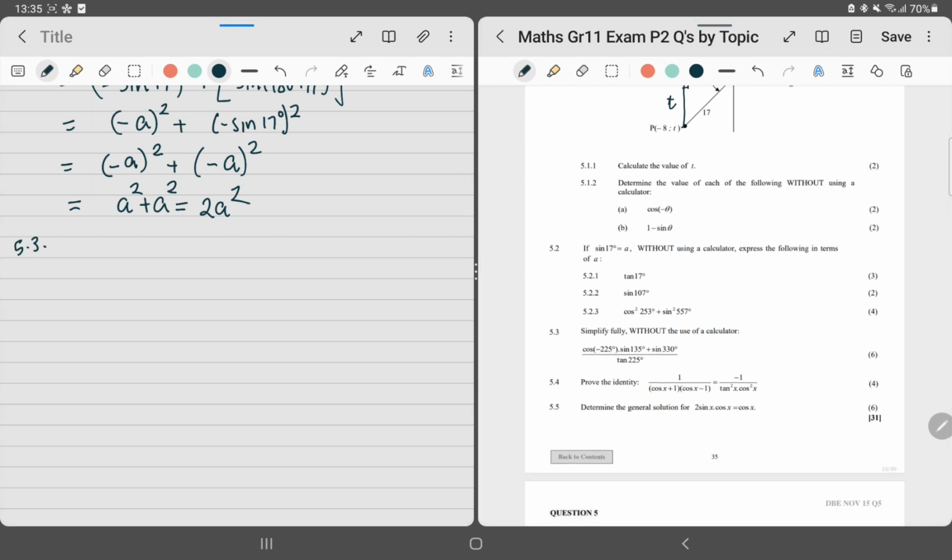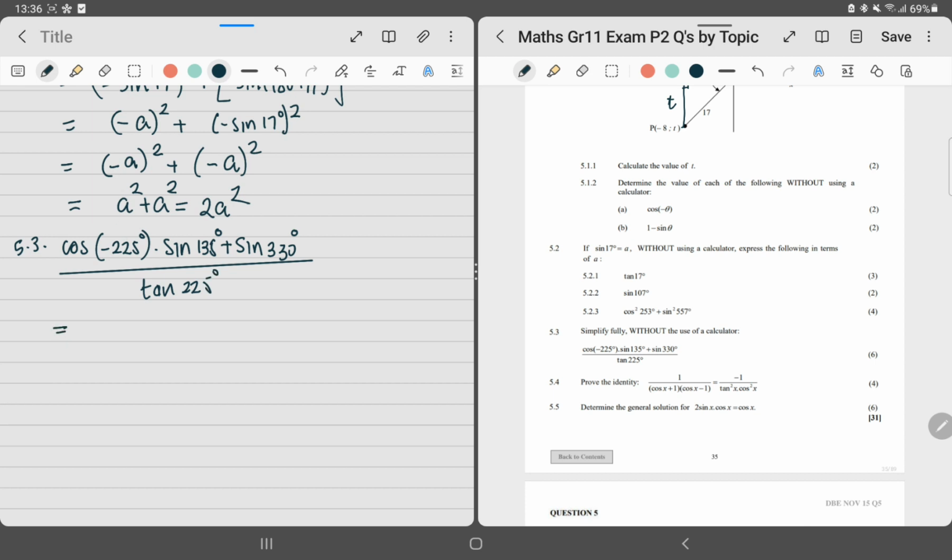5.3. Simplify fully without the use of a calculator. Cos of minus 225 times sine 135 plus sine 330, all over tan 225.